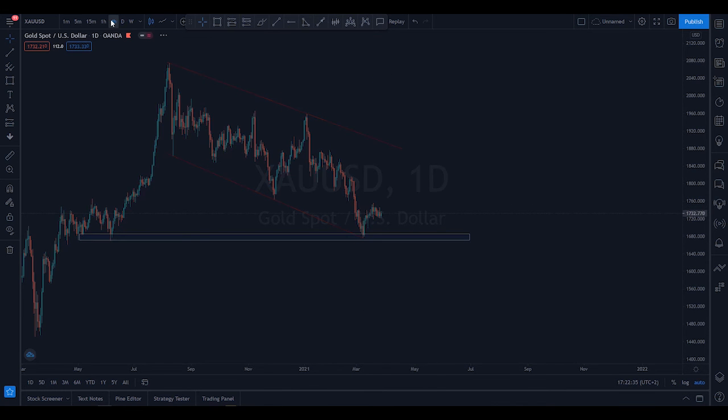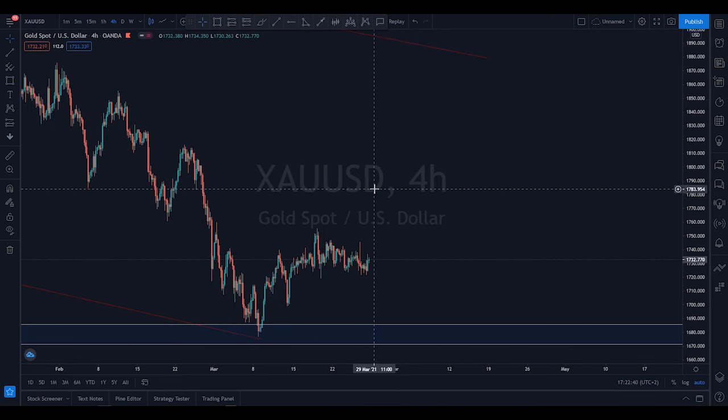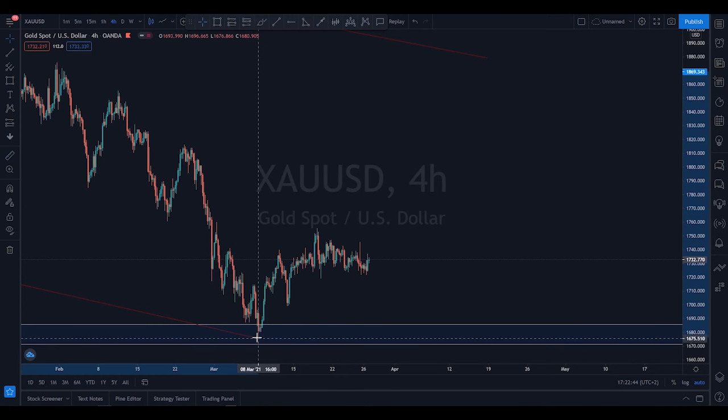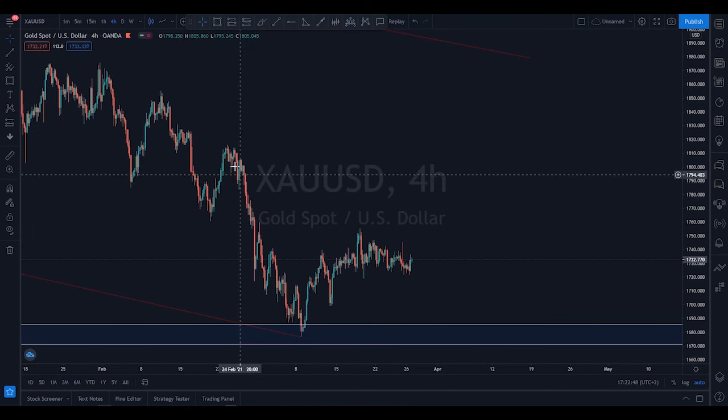Now when I go on a 4-hour time frame, see if you can spot anything that is happening there. If I try to explain what has been happening here, I can safely say that XAUUSD was shooting to the downside, and when it got here, it started correcting, right?